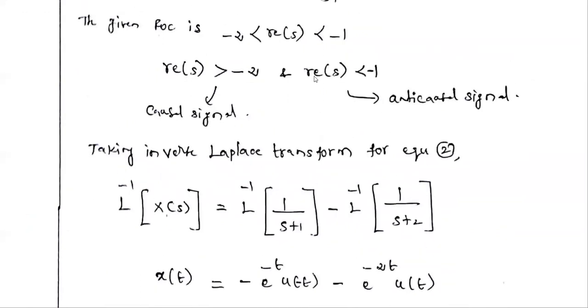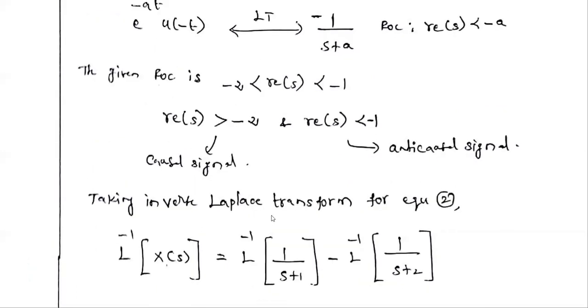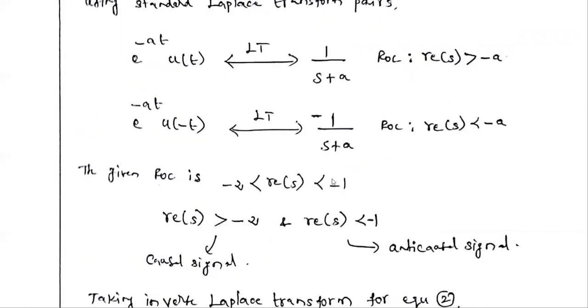Here the ROC is real of s less than minus 1, so the signal corresponding to 1 divided by s plus 1 is an anti-causal signal. To solve the inverse Laplace transform, we use the second formula: e power minus at u of minus t has the Laplace transform minus 1 by s plus a, with real of s less than minus a.